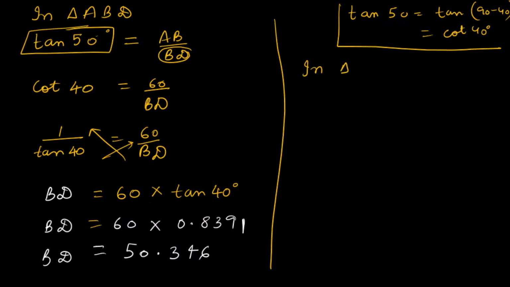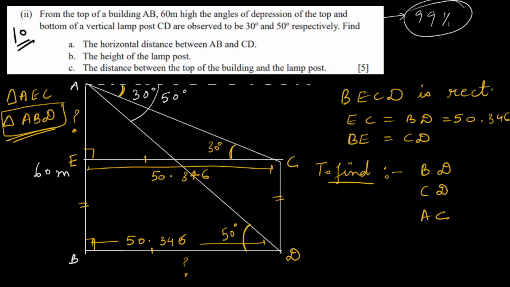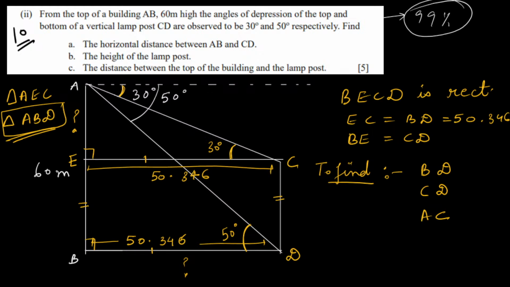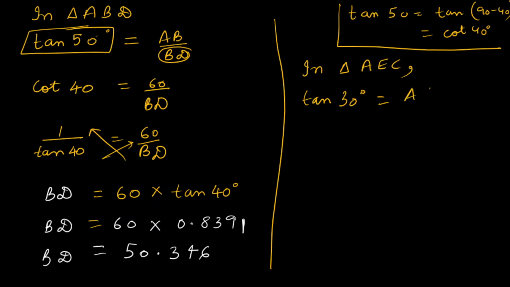In triangle AEC, again we will use tan. So here I have tan 30 is equal to AE by CE.